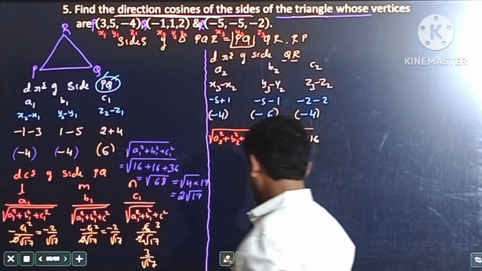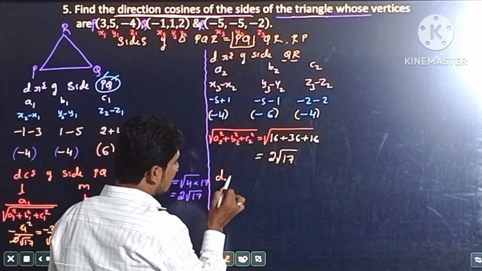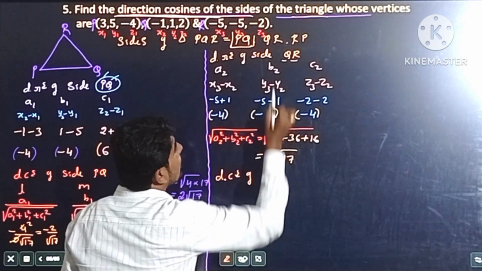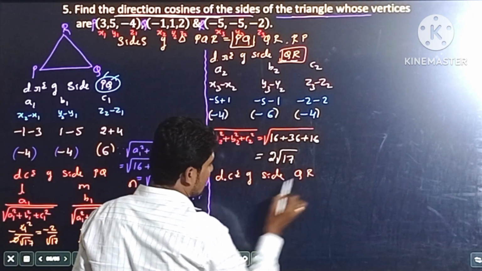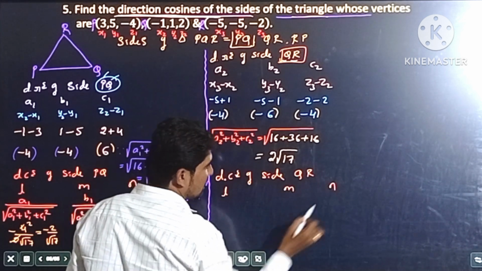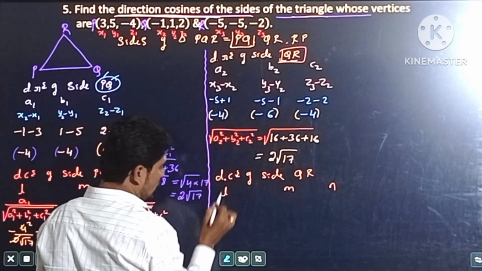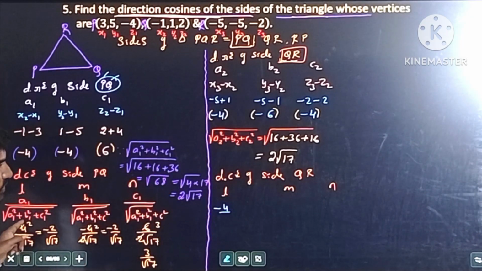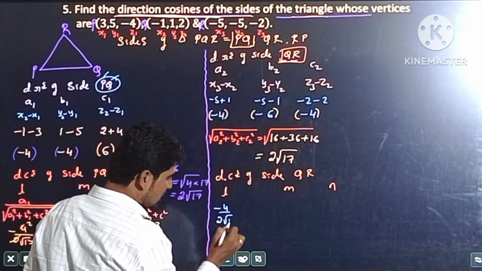So now the required direction cosines. Direction cosines of side QR, let's say L, M and N. The value of L is equal to a2 minus 4 divided by square root of a2 square plus b2 square plus c2 square, which is 2 root 17.